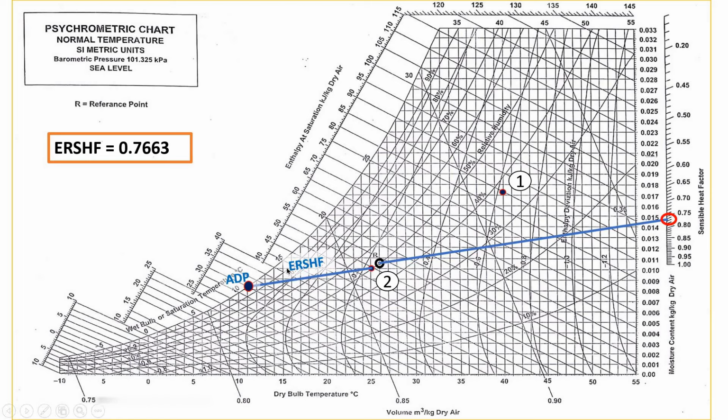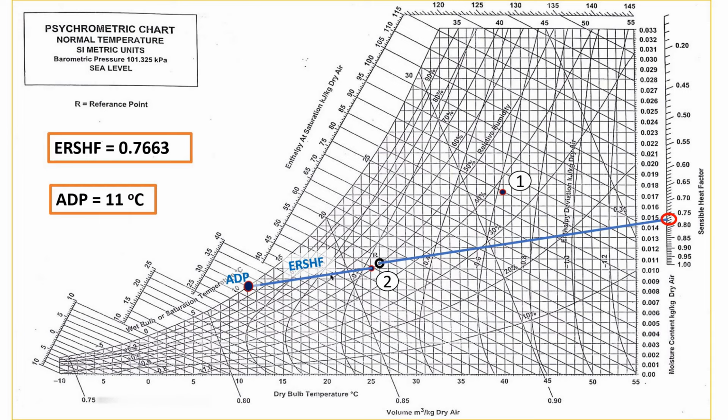This line is the effective room sensible heat factor line. The intersection of this line with the saturation curve is the apparatus dew point temperature. Here this is 10 and for this line it is 11, so apparatus dew point temperature is 11 in this case.